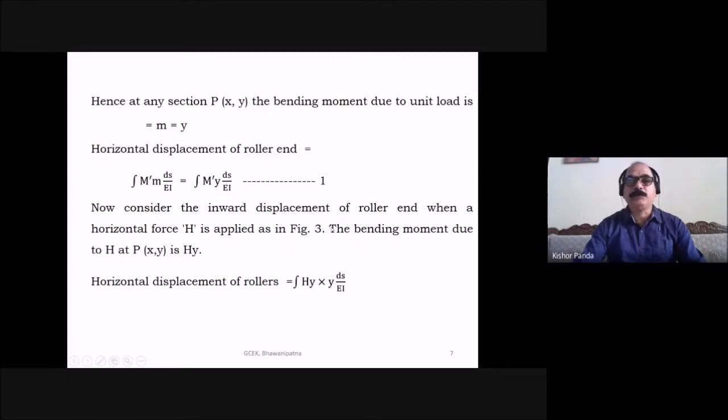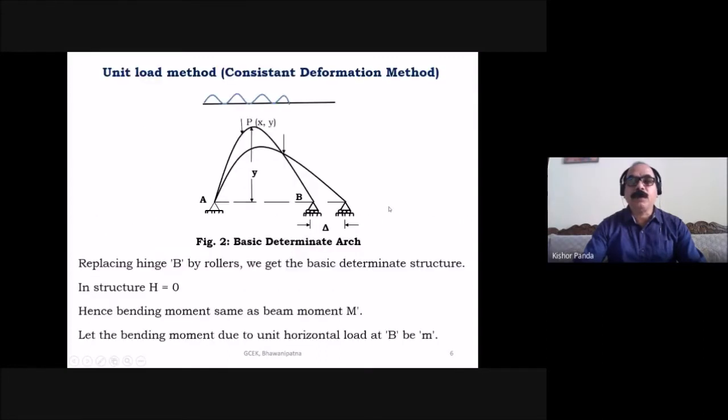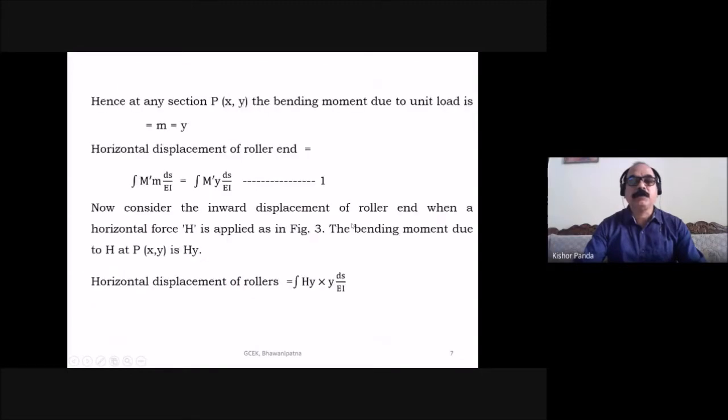Now consider the inward displacement of the roller end when a horizontal force H is applied, as in figure 3. First apply the unit load here, and this is the displacement, and due to this displacement this is the horizontal displacement expression.